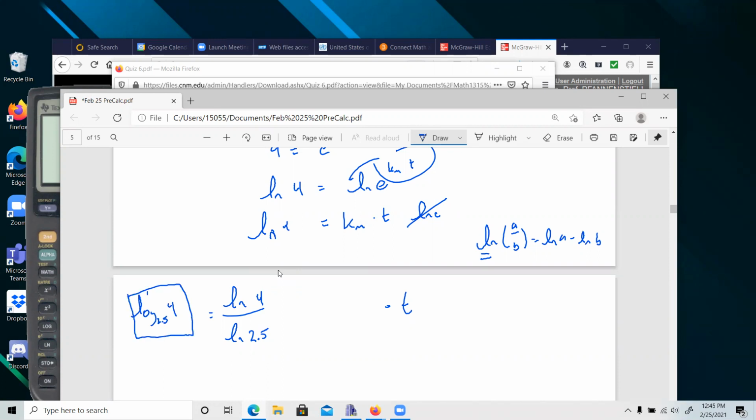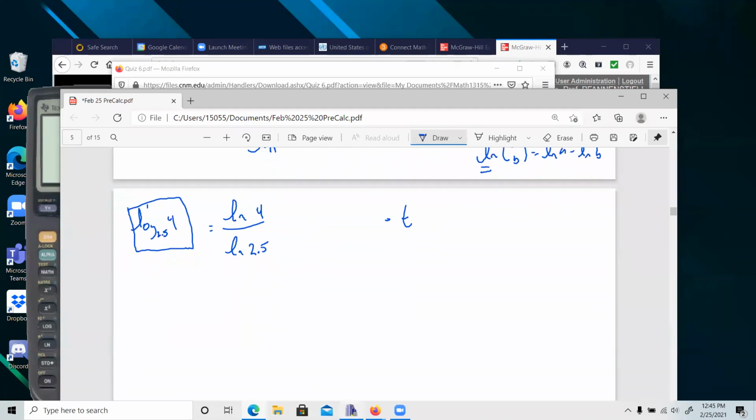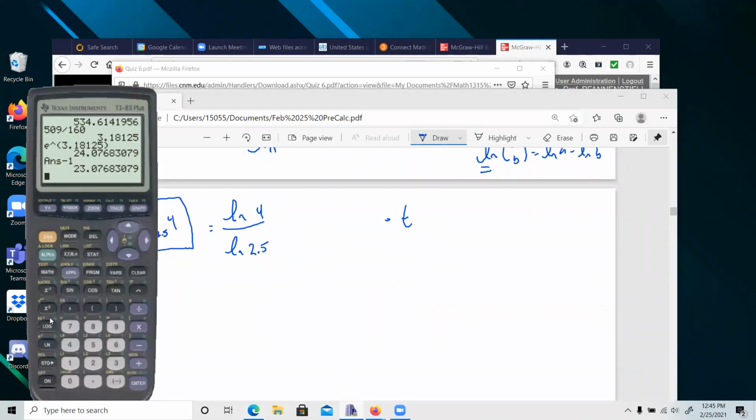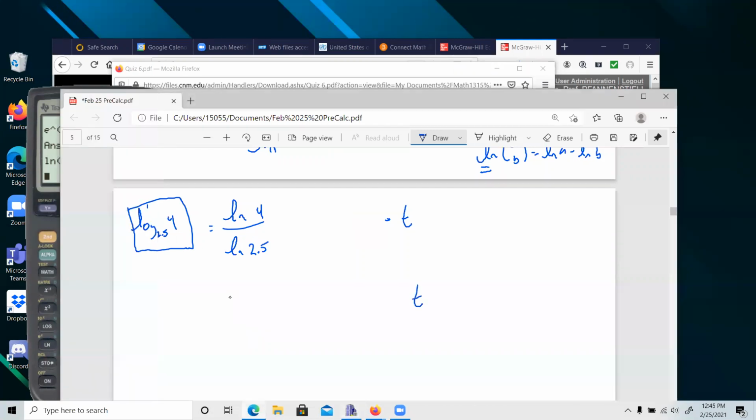So we're just going to do it this way: natural log of 4 divided by natural log of 2.5. I've seen students do this before, trying to be clever. I applaud you for being clever, you should always try to be clever, but in this case, you stabbed yourself. You misinterpreted that. So T was equal to about 1.5.